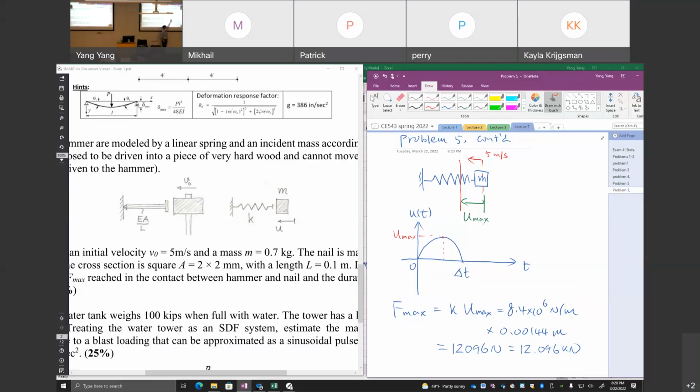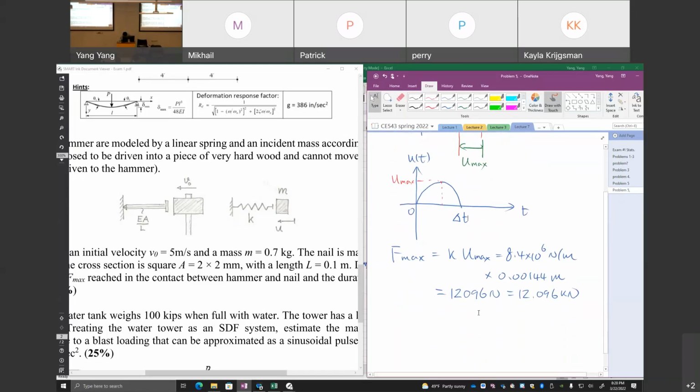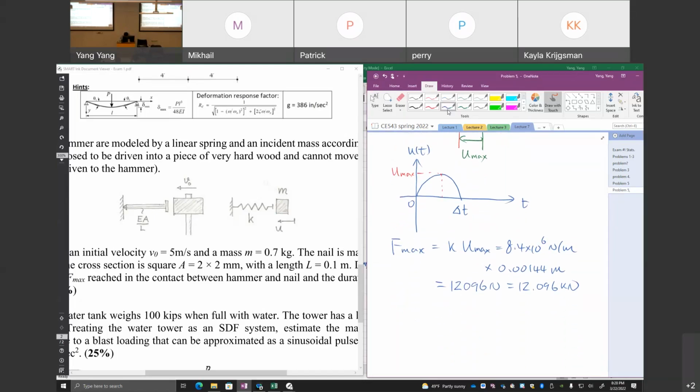And then after that, there is no contact between the hammer and the nail. So actually, the delta T here is half of the period. So that's equal to pi over omega n.